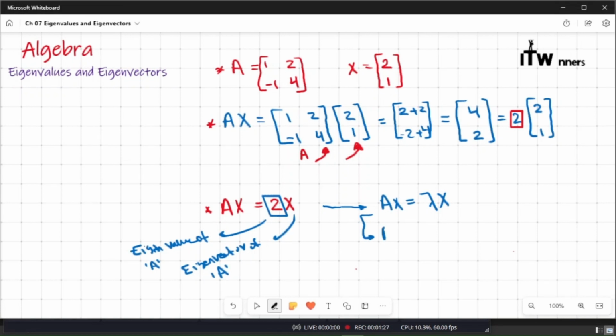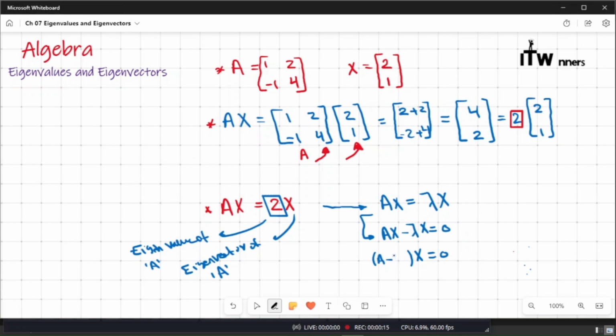So we have Ax minus lambda x equal to 0. We can take x as a common factor, but I can't subtract a scalar value from a matrix, so we have to multiply the scalar value into the identity matrix.